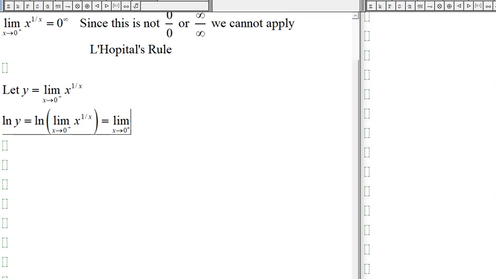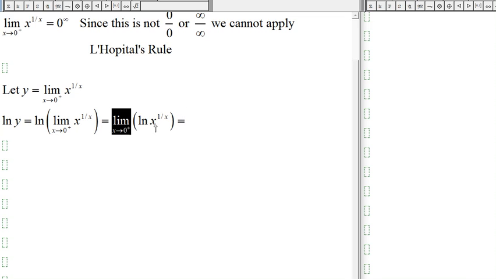This is the same as the limit of ln of x to the 1 over x. So this is the theorem on limits of composite function that allows us to bring the limit to the outside.